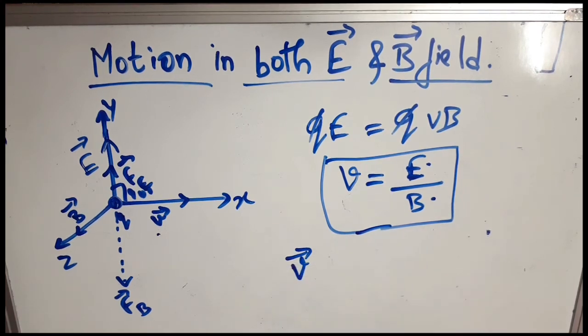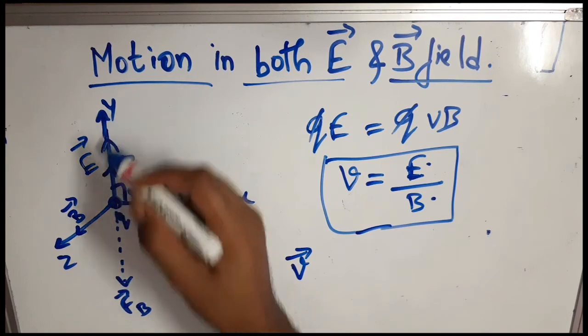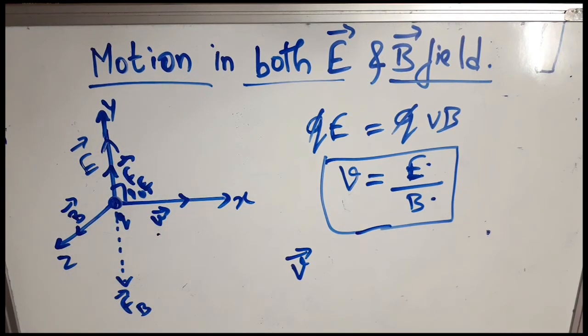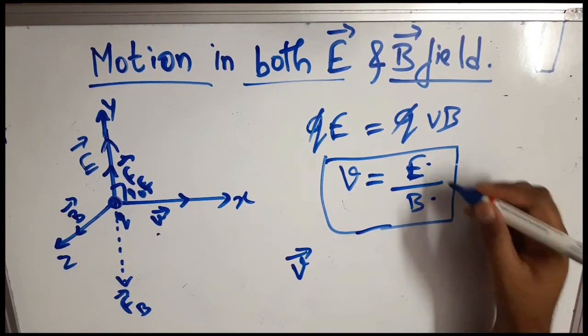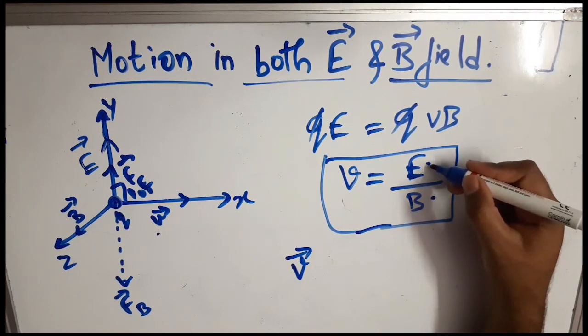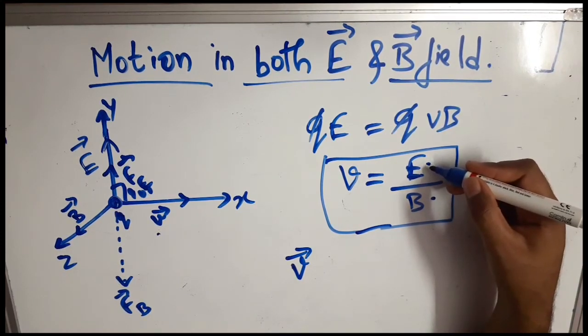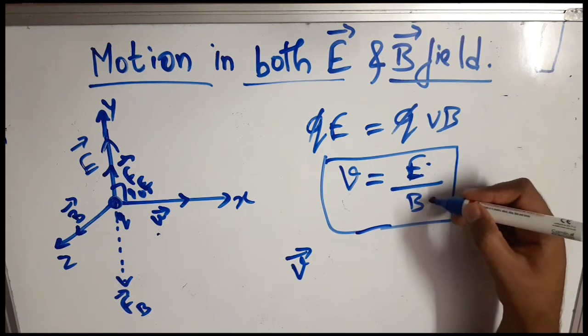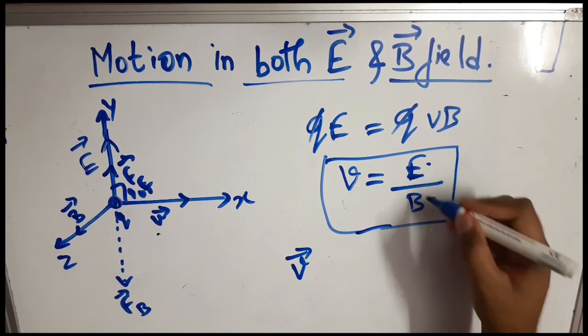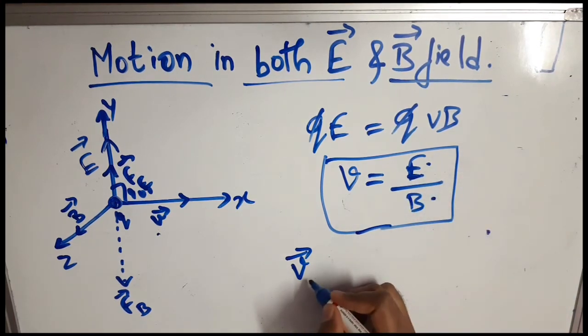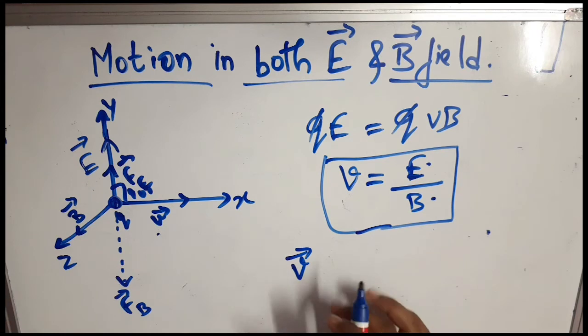What I do is I set up my electric field in this fashion, magnetic field in this fashion, and I select the value of my electric field and the value of my magnetic field in such a way that the ratio gives me the velocity of the charged particles which I need.